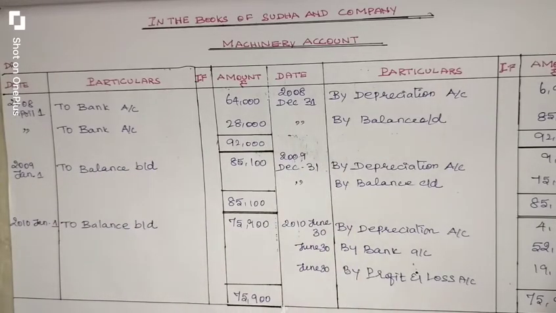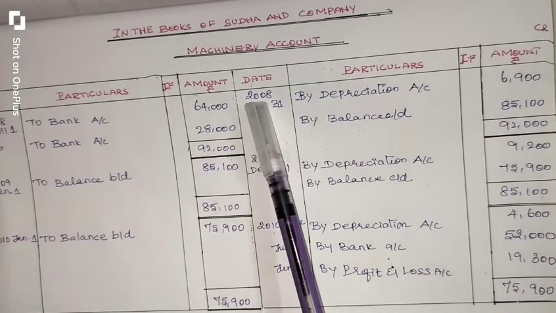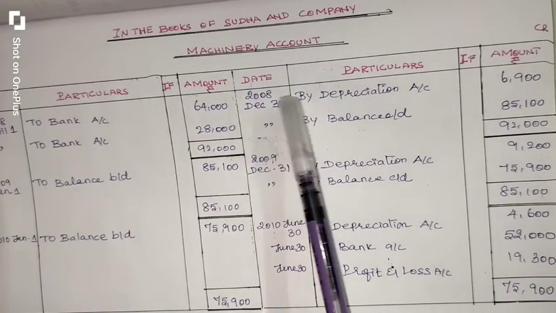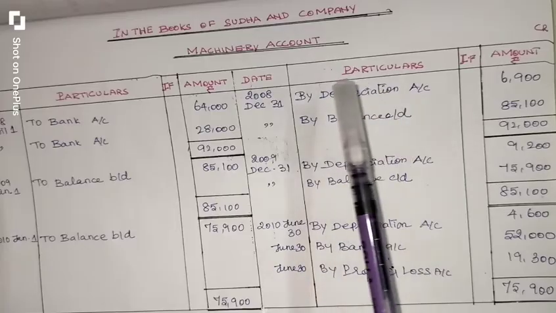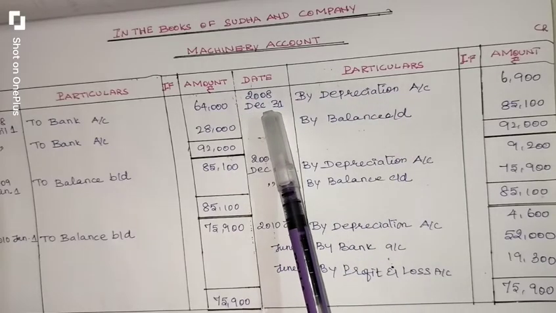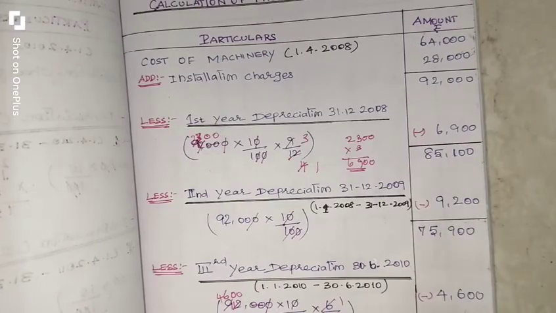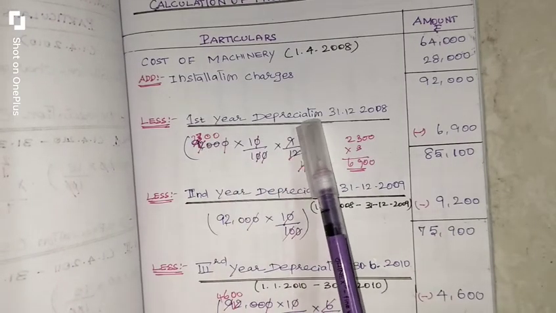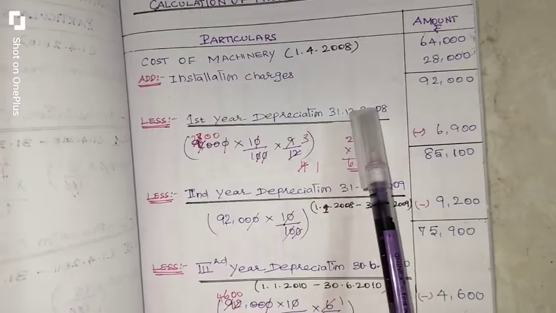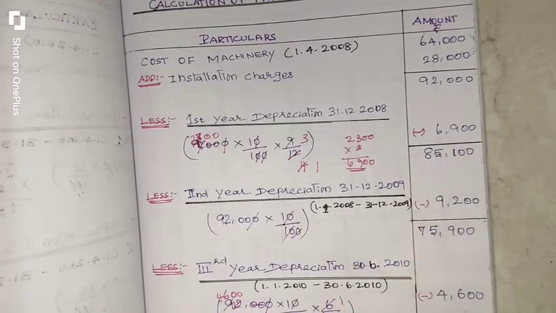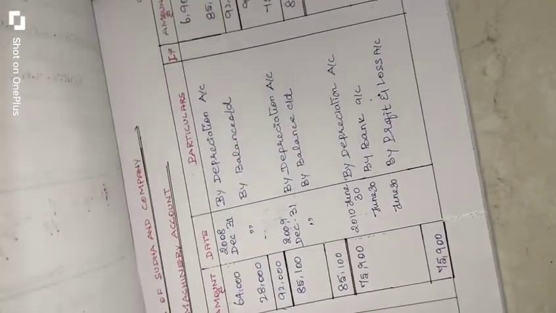Then at the end of the year, you have calculated depreciation, 2008 December 31, amount 6,900. So we enter the first year depreciation here.